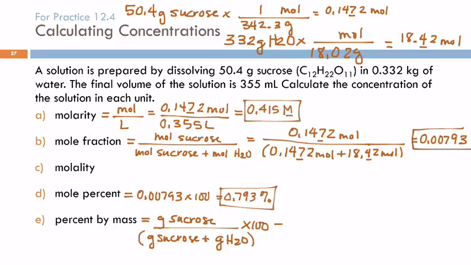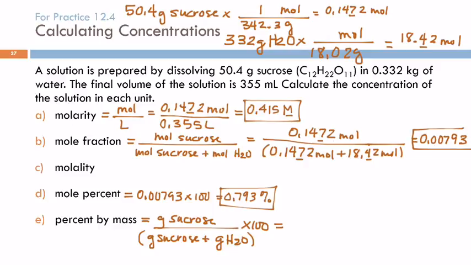I usually say I'm not going to try to trick you, but I will try to trick you with that. I'll give you the mass of the solute and the mass of the solvent and ask you for the percent by mass, and half of you won't add them together, and you'll get it wrong. Happens every semester.